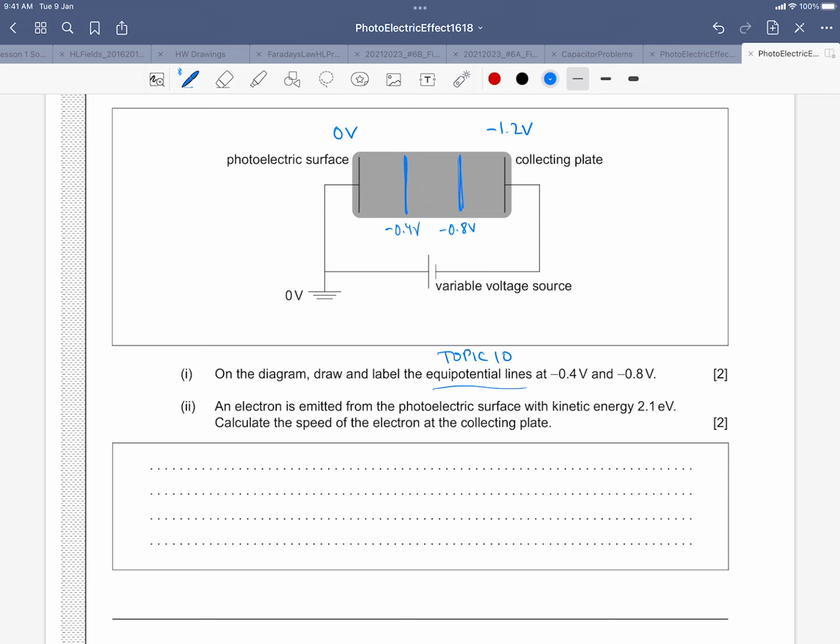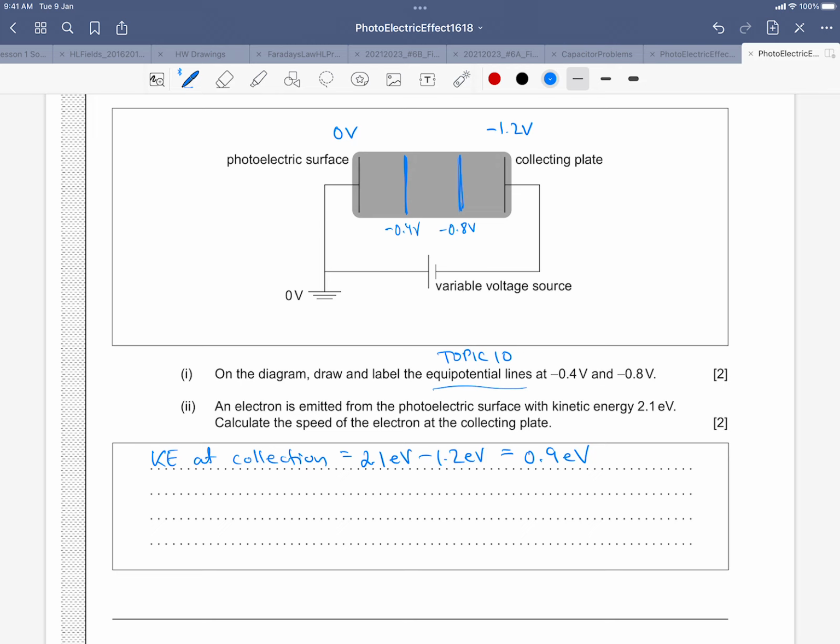An electron is emitted with that kinetic energy. Okay, so it hasn't got the maximum kinetic energy. It's one that just has that kinetic energy. And we want to find the speed it has at the collecting plate. So again, let's figure out the kinetic energy at collection. We know it's released from the surface of the metal with 2.1 eV, but then it has to overcome a 1.2 V potential difference. So that's 2.1 eV minus 1.2 eV. That's going to be 0.9 eV.